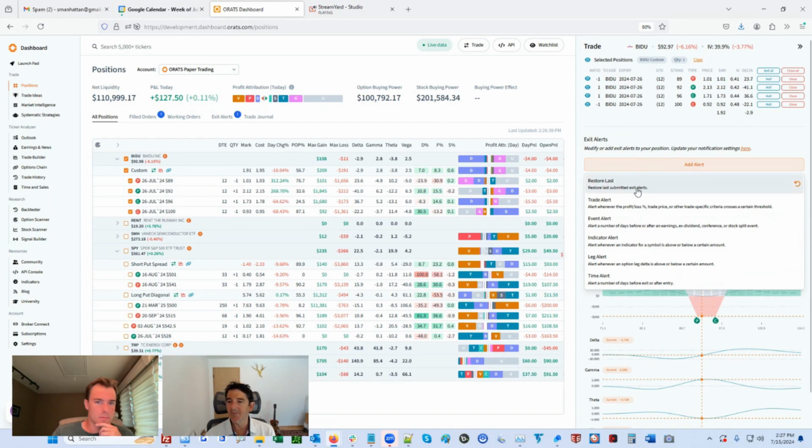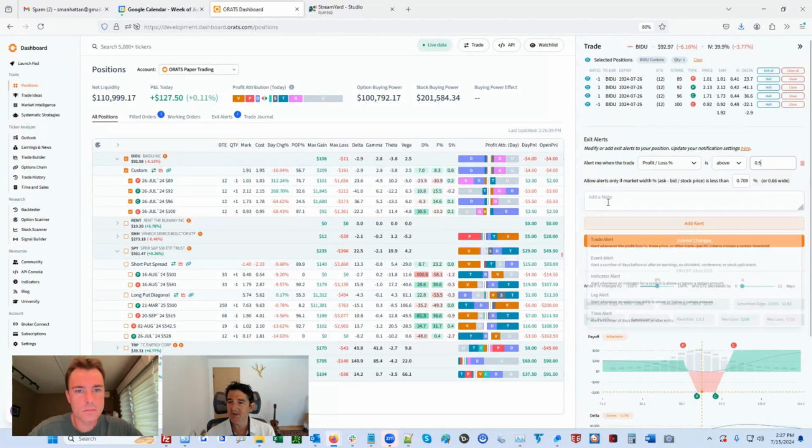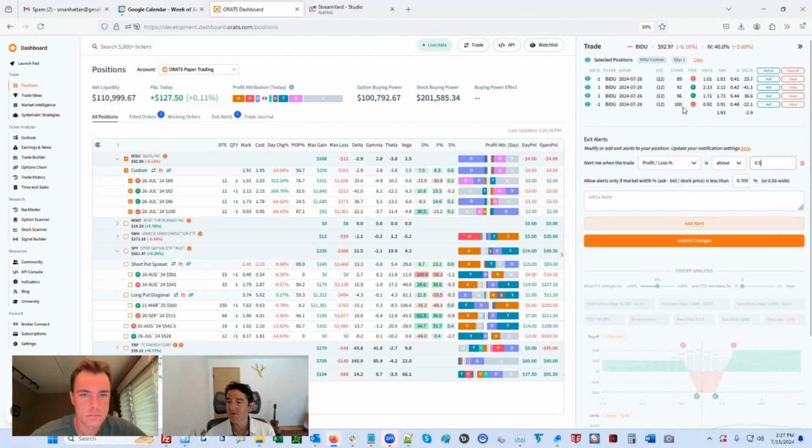but yeah, let's go. We had this restore last, but let's set a trade alert. So that could go 3. Why don't we set a profit and loss above 50% and see what happens. Okay, I'd be fine with that.